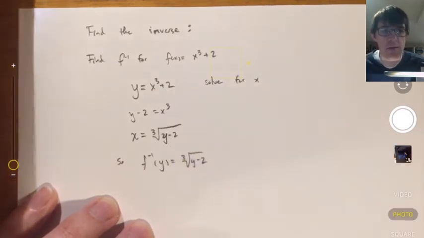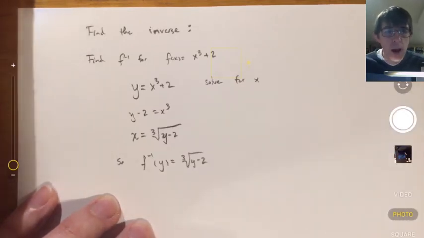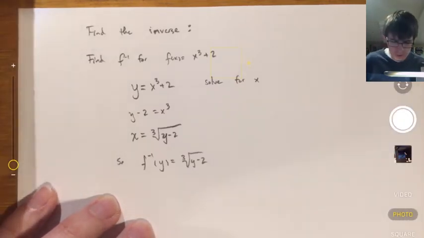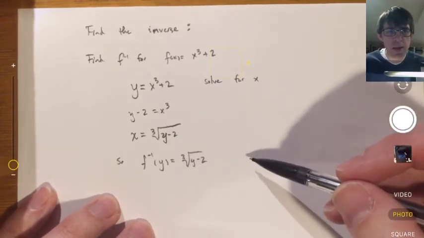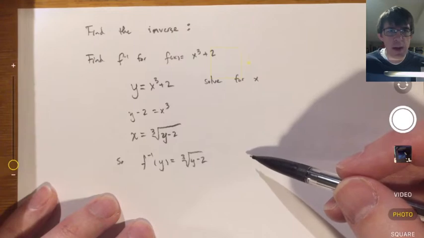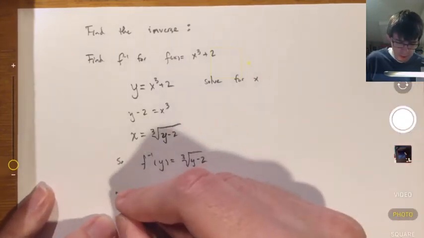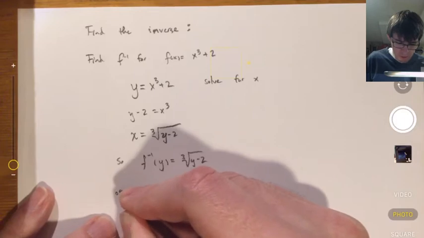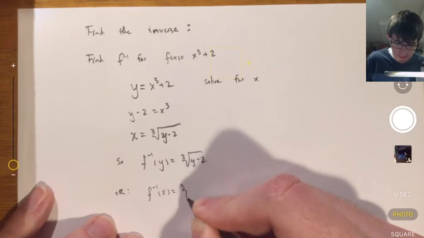The thing I have solved for x, which means I'm writing the whole function depending on y. From here, this is the inverse function, although some people don't like writing a function with the variable called y. They would rather always have the variable called x. So if you want to, you can write it this way: f inverse of x equals the cube root of x minus 2.